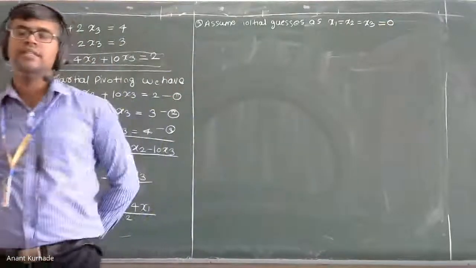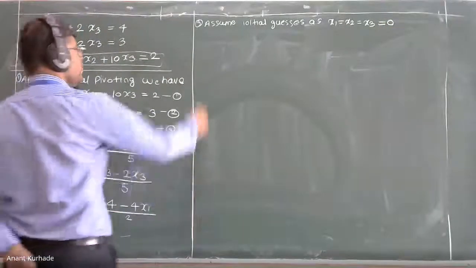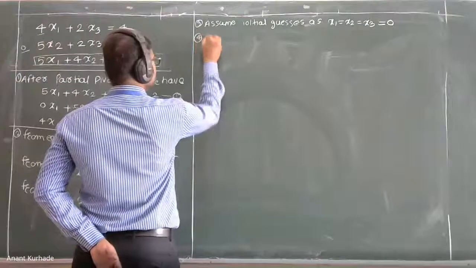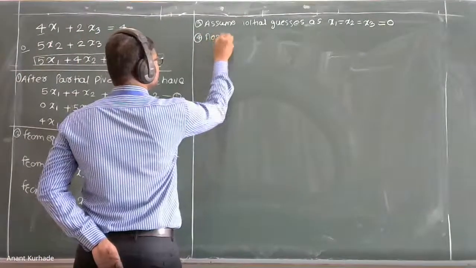Assume these three initial values as 0. Now your fourth step, you can directly go for the first iteration.